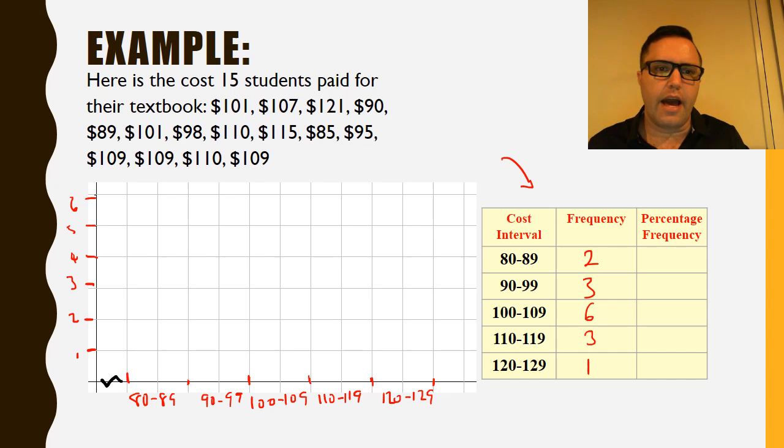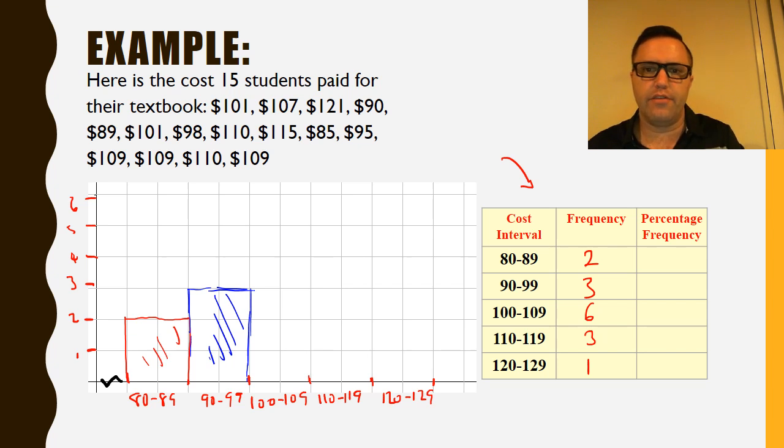Okay, so 80 to 89 goes up to 2. So we draw our box up to 2 like that. 90 to 99 is 3 tall. You can do these different colors if you wish, especially if you're not sure whether the data is going to be hard to understand if everything's sort of all the same.